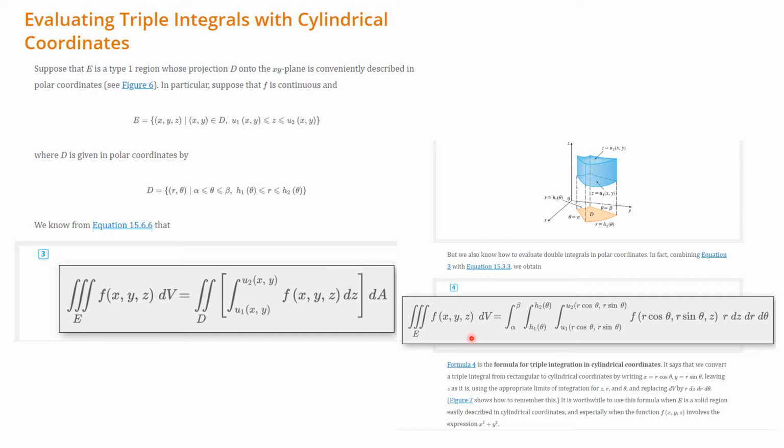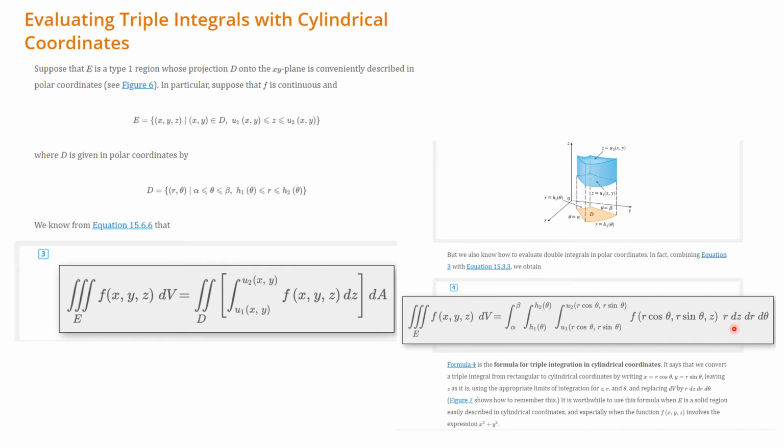But since we're in this situation, we have dz as the first integral, but we have to change u1 and u2 from the representation of x and y to being r cosine theta and r sine theta. So we integrate with respect to that first.